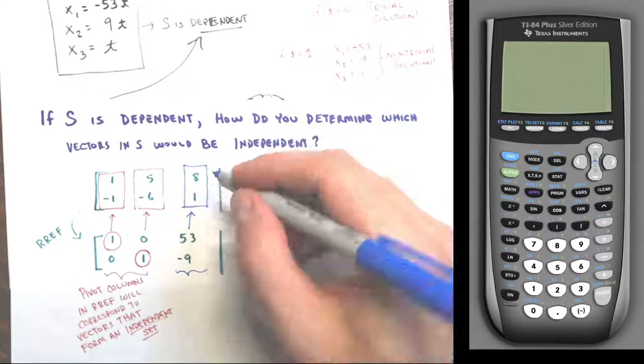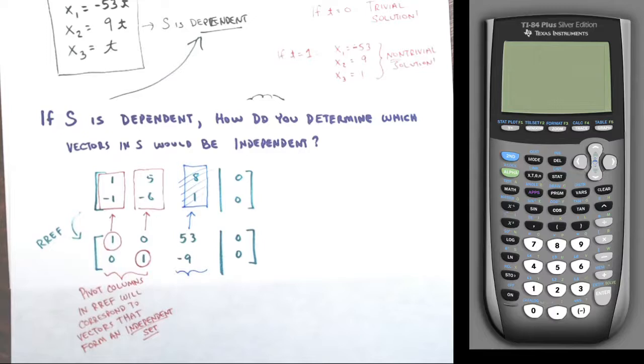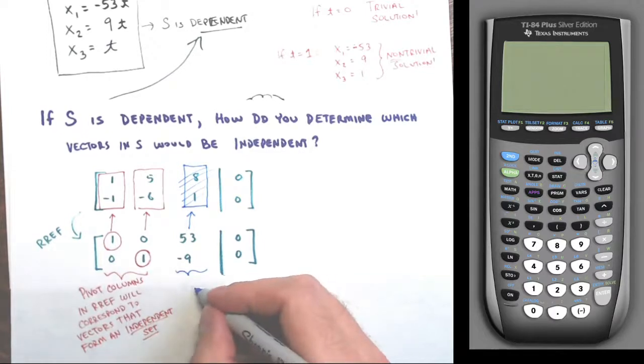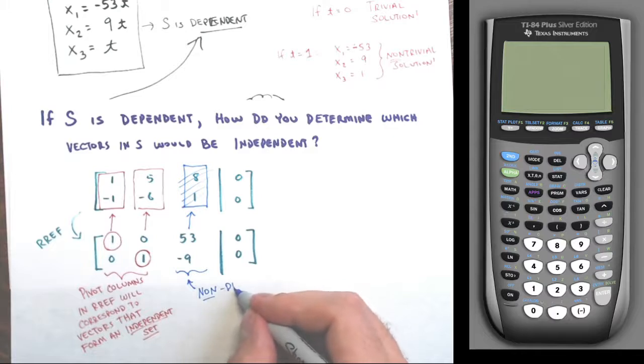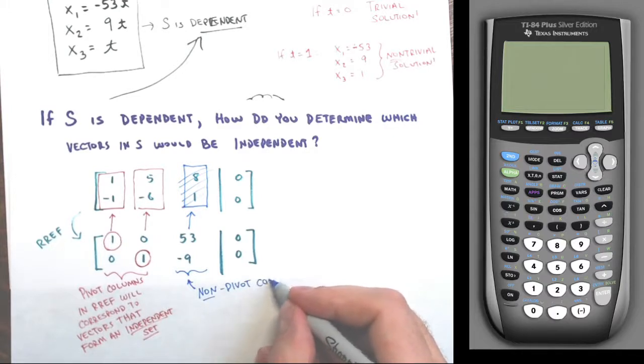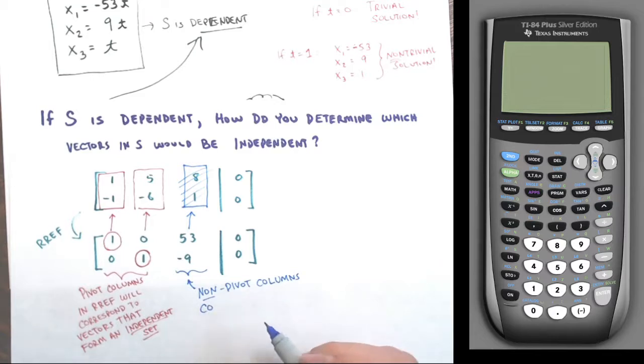Corresponds to the set of the vectors you don't need, right? Like I can get rid of that. So the non-pivot columns correspond to the vectors in the set that are unnecessary.